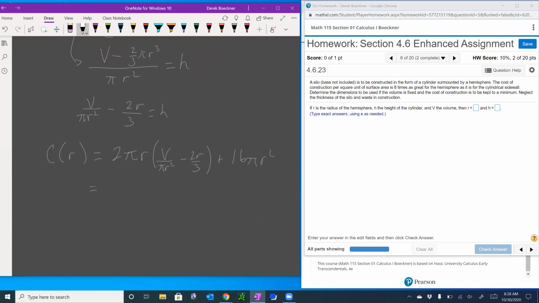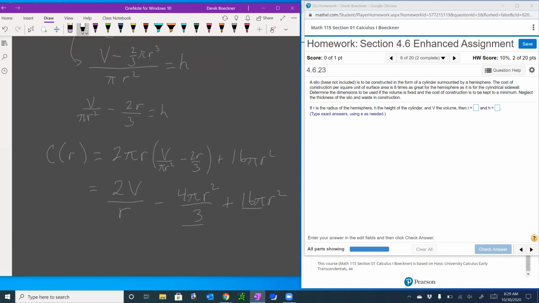I'm going to distribute this thing in there so that I can simplify a little bit more. 2v over r, because the pi's cancel and one of the r's cancels, minus 4 pi r squared over 3 plus 16 pi r squared.